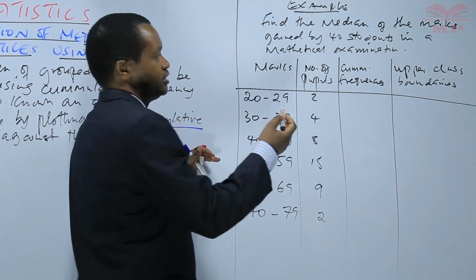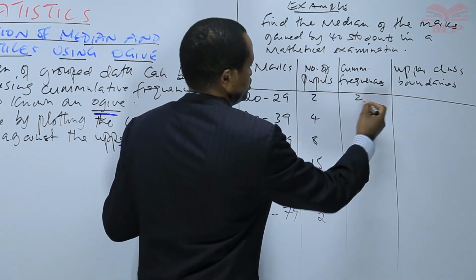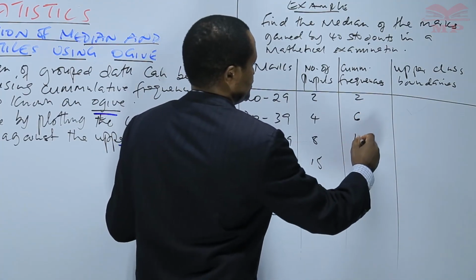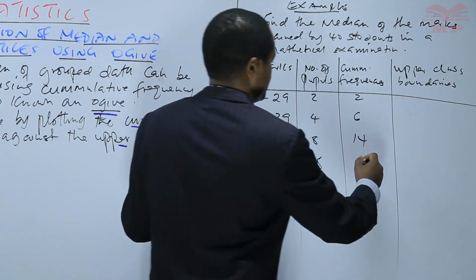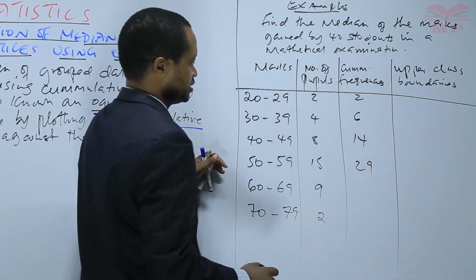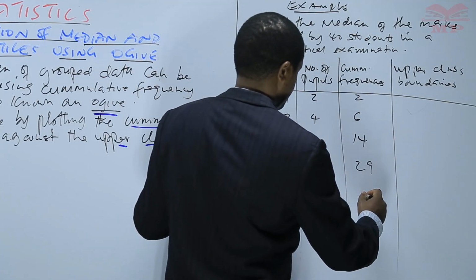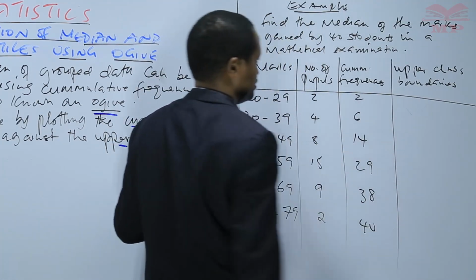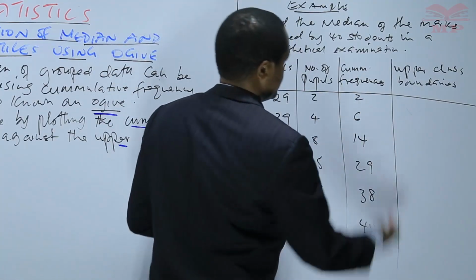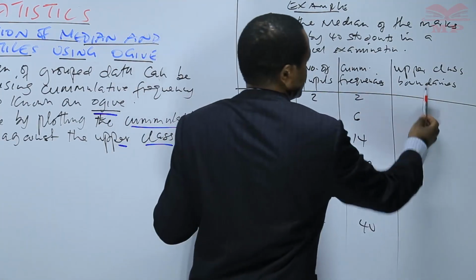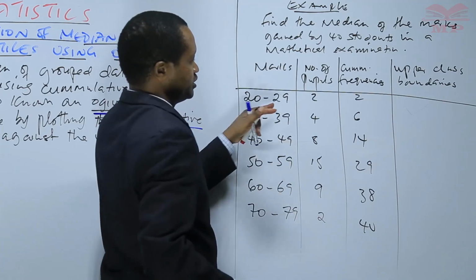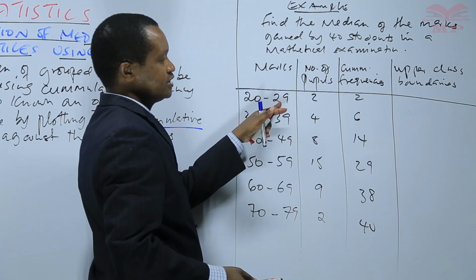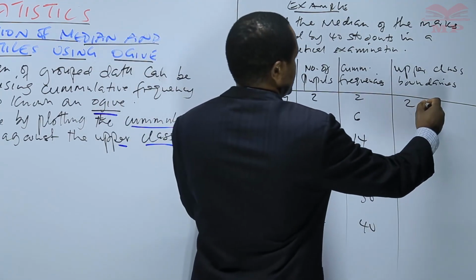So first let's determine the cumulative frequencies. Here you have 2 plus 4, 6; 6 plus 8, 14; 14 plus 15, 29; 29 plus 9, 38; 38 plus 2, 40. These are the cumulative frequencies. Then the upper class boundaries. The upper limit is 29, so the boundary will be 29.5.